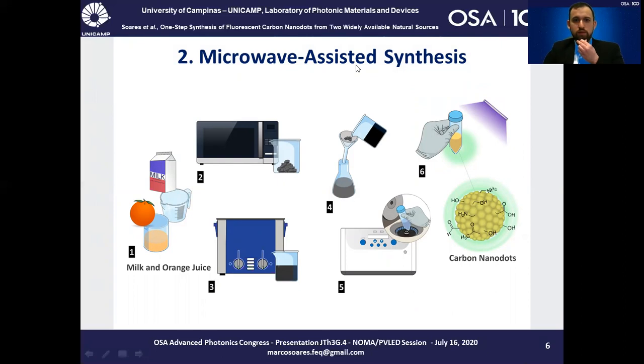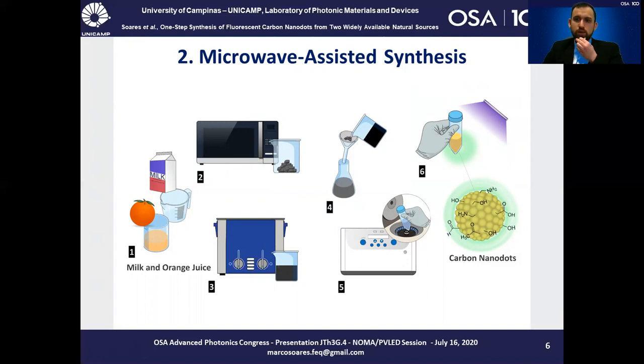We heat it in a microwave oven for 2 cycles of 1 minute each, opening the oven for relieving the pressure, and obtaining a brown, dark solid that was redispersed in water using the ultrasound bath and filtrated in cotton or filtration paper for removing the larger particles.